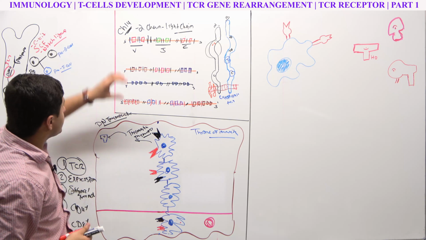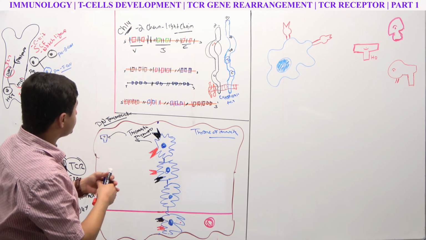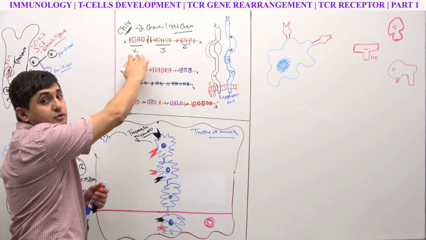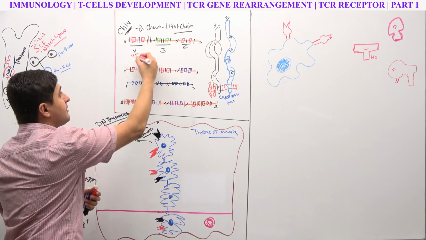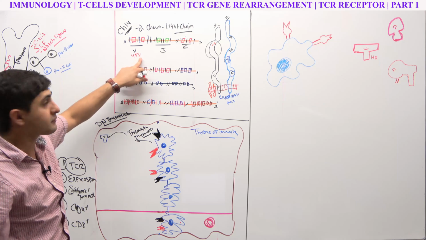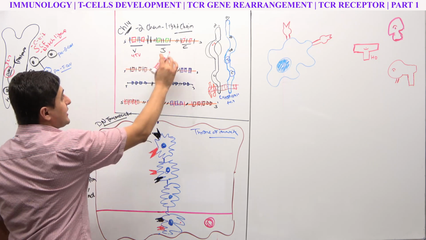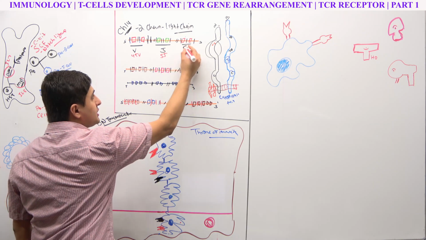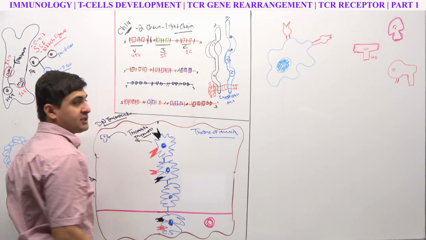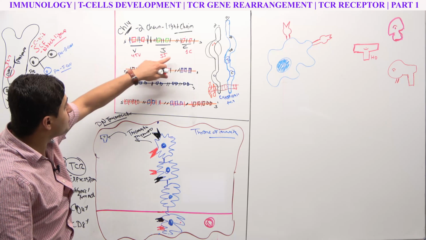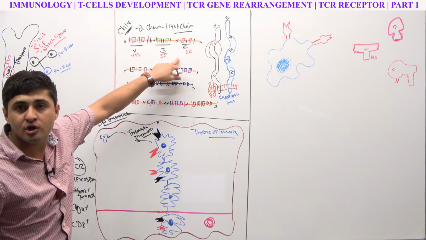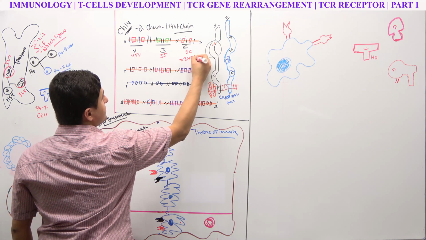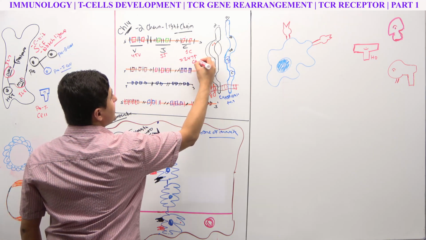Usually, this variable region segment codes for about 45 variable segments, this joint region codes for about 55 joint segments, and the C is usually one constant. So if you multiply 45 times 55 times 1, you get about 2,475 combinations.